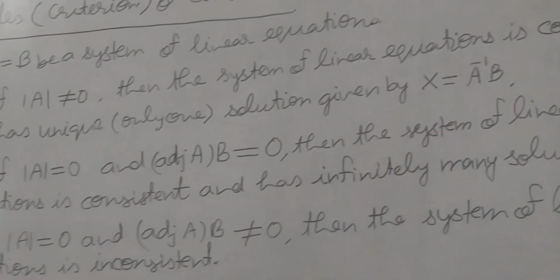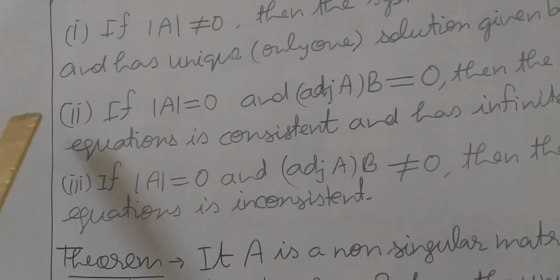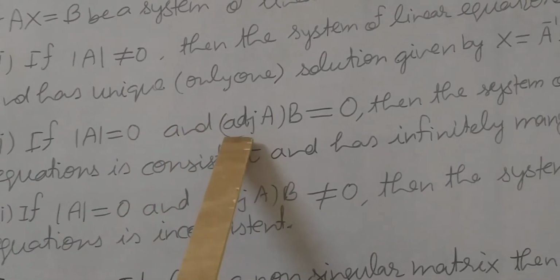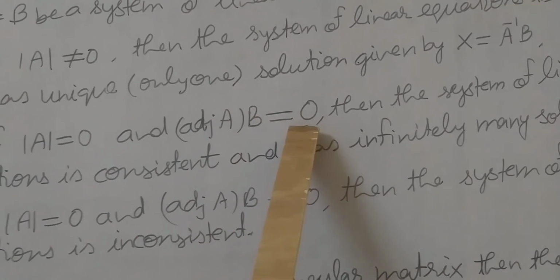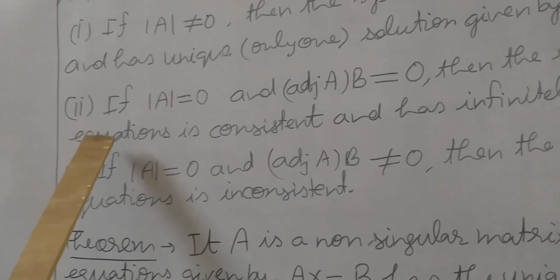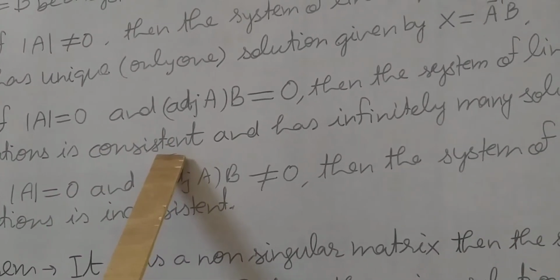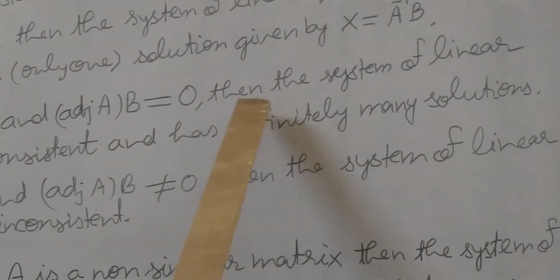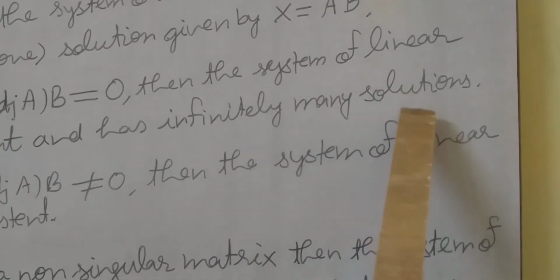Now students, if determinant of A equals 0 and adjoint A into B equals 0, then the system of linear equations is consistent and has infinitely many solutions.